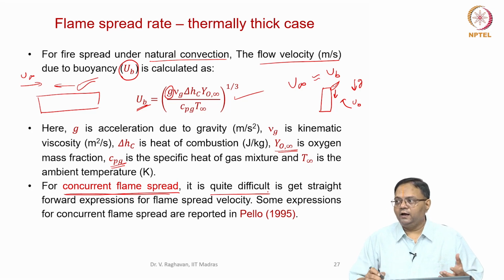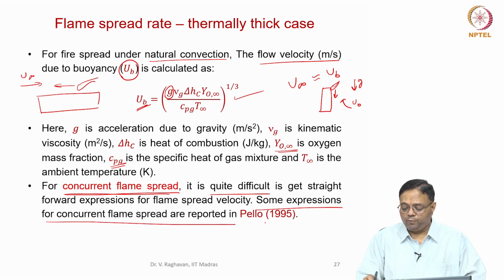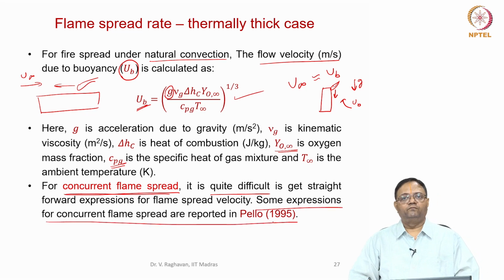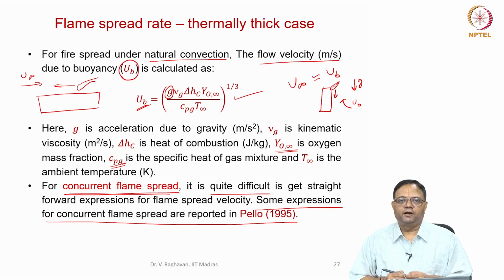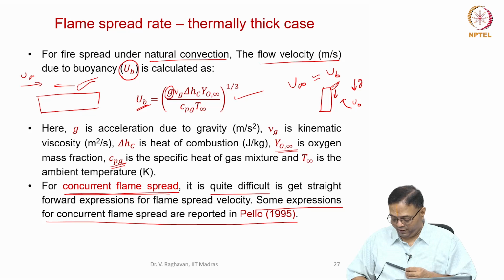So, getting an expression for concurrent flame spread is not at all very easy, but some expressions are reported in Pellow 1995, which are very complex expressions. Basically, we can solve it numerically and get the flame spread rate, or experimentally determine correlations we can do. But some expressions, like theoretical expressions, are not very easy to obtain.